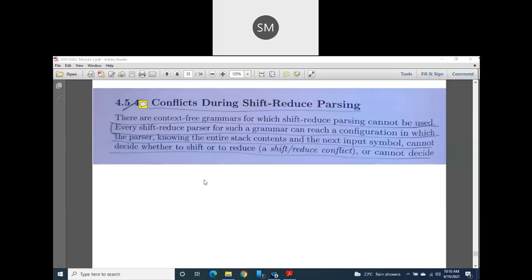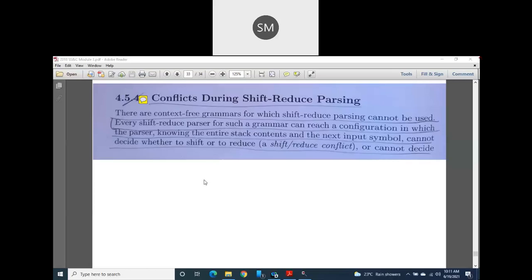This is called a conflict. Or else you can understand it this way: if you get confused about whether I should perform the shift action or the reduce action, that situation is called a conflict in shift reduce parsing. Okay, so here we will see that with one example.